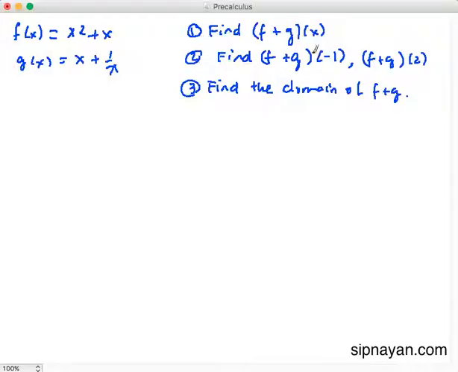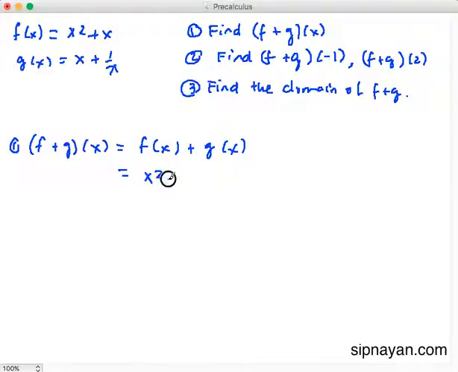So, number 1, find f plus g of x. Well, sa 1.34, define natin that f plus g of x is the same as f of x plus g of x. And f of x ay x squared plus x, so substitute lang natin yan, plus yung g of x natin, which is x plus 1 over x.